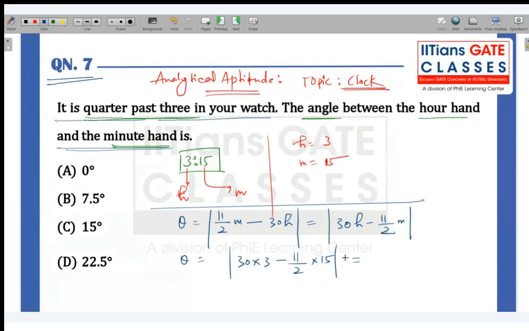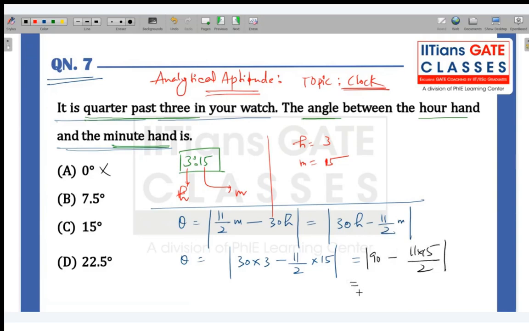Can somebody solve this question using an online calculator? I think this option will not be correct, you can eliminate it directly. This is going to be 90 minus 11 into 15 by 2.